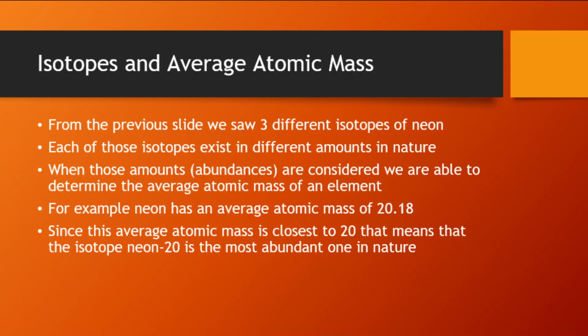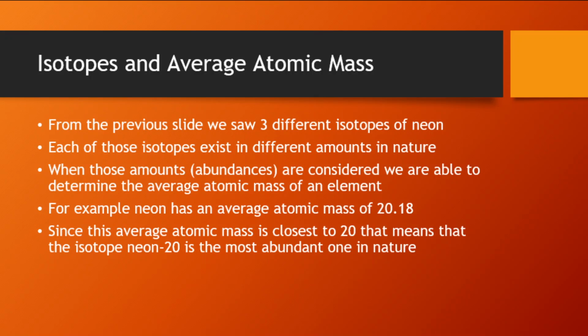And so think of this average atomic mass like the percentage, going back to candy, right? Think about the percentage of red M&Ms or red Skittles in the bag. That would be the abundance of red Skittles or red M&Ms in your bag. And so each of our isotopes have a specific number of times or amount that they occur in nature.